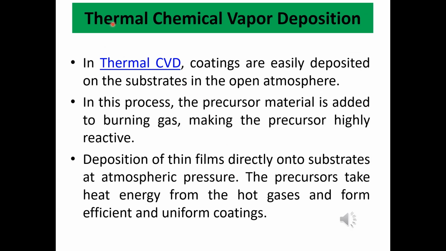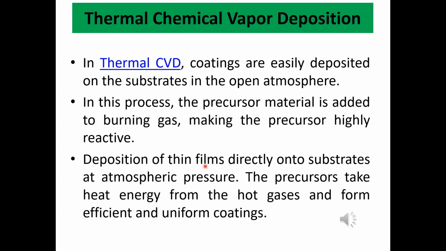Another type is thermal chemical vapor deposition. In thermal CVD, coatings are easily deposited on the substrates in the open atmosphere. In this process, the precursor material is added to burning gas, making the precursor highly reactive.